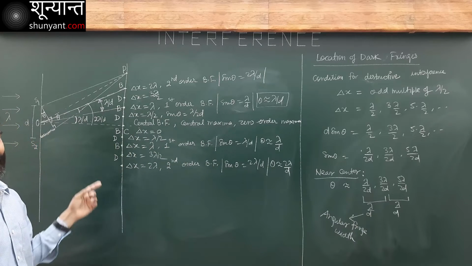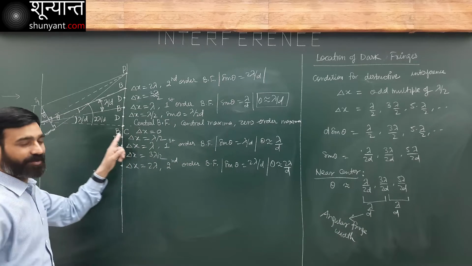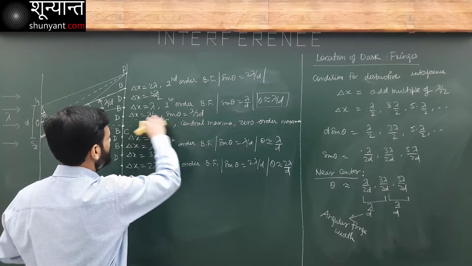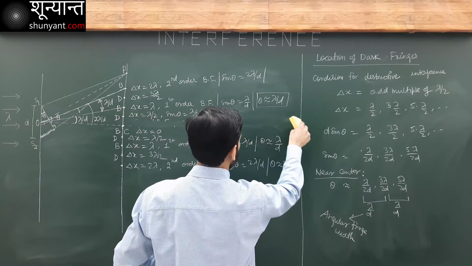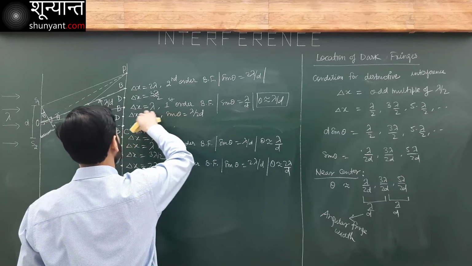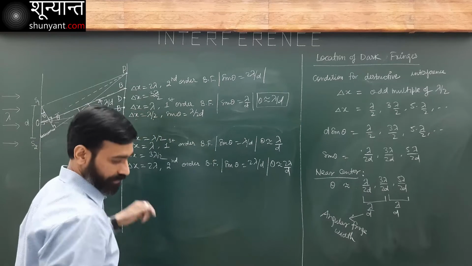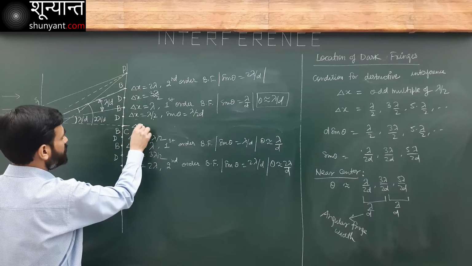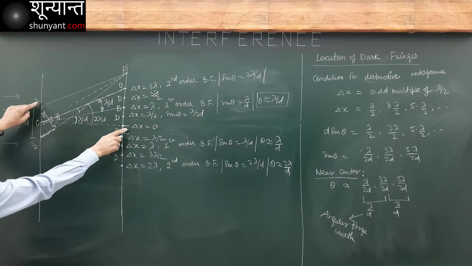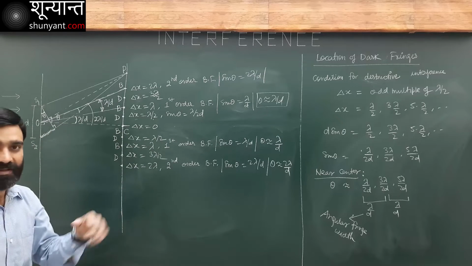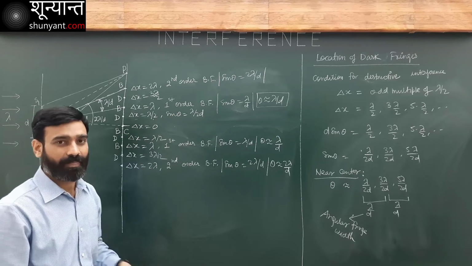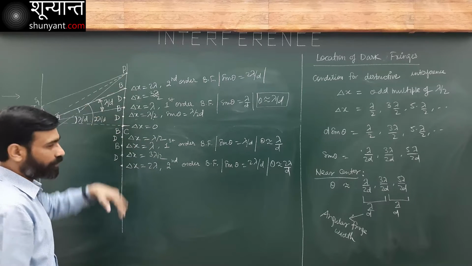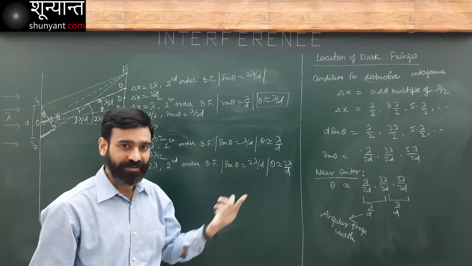So this alternating pattern, you start from the center. At the center, what is the path difference? Let me clean this so that it makes more sense. At the center, this is the central position, delta x is zero, because both light waves are traveling the same distance. There is no path difference. This is known as the zero order maximum. When I go from this point in either direction, up or down, the path difference starts to increase.